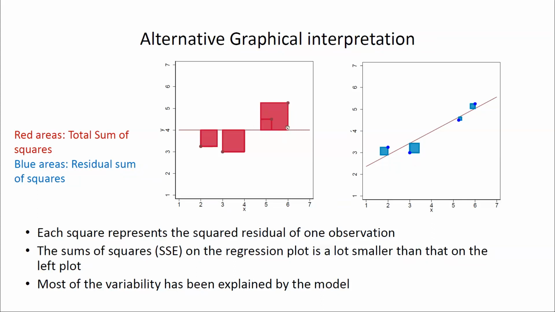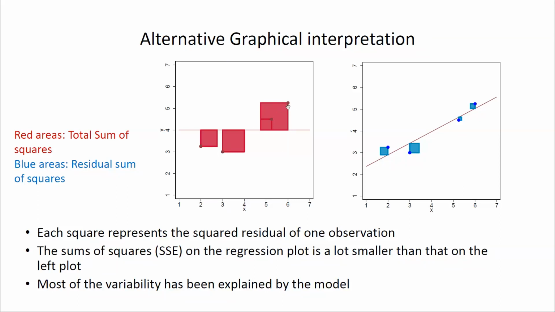And because I'm squaring the residual, the contribution to the sums of squares is this area, this big reddish area. And for a smaller value here, I have a smaller residual and a correspondingly smaller square. Likewise, for the negative values, the residual goes up here, and then I still have areas. So the total sums of squares is the sum of these 4 areas.